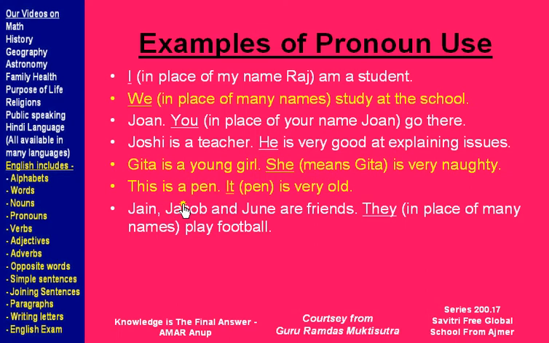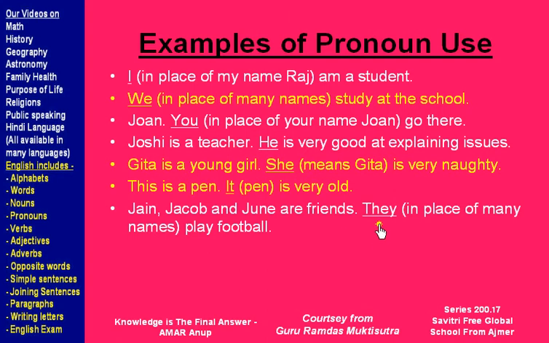Next, this is a pen. It is very old. Now it is replacing the use of the word pen the second time, and it is indicating towards pen. So it is a pronoun. Last example, Jane, Jacob and June are friends. They play football.